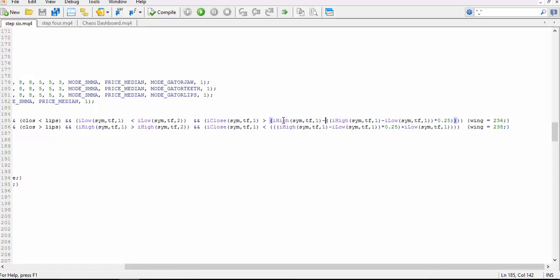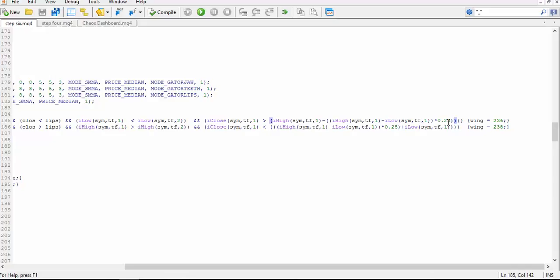It took the high minus the low, which would be the full range, multiplied it times 0.25, and subtracted that from the high. So in other words, the close must be greater than 25% of the daily range.